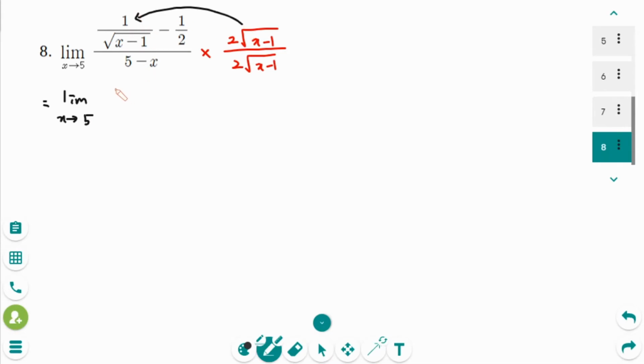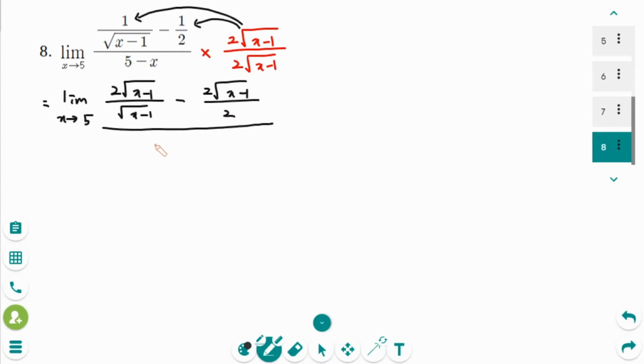So first one, 2 square root of x minus 1 over square root of x minus 1 minus 2 square root of x minus 1 over 2 over 5 minus x, don't expand the denominator, 2 times square root of x minus 1.